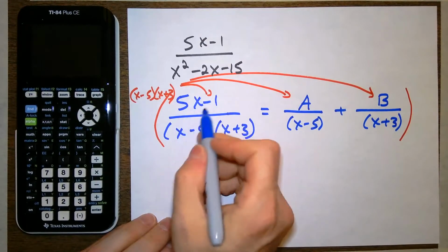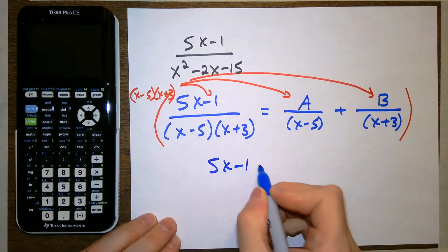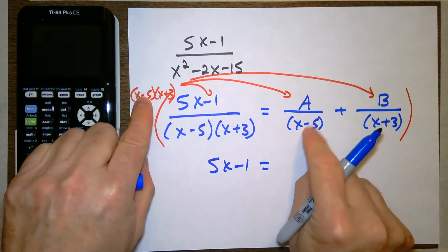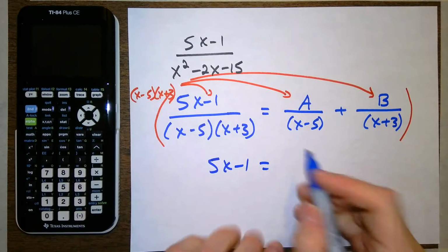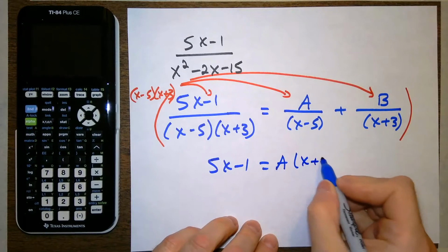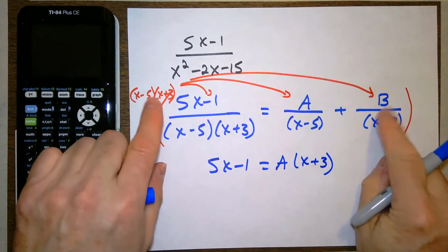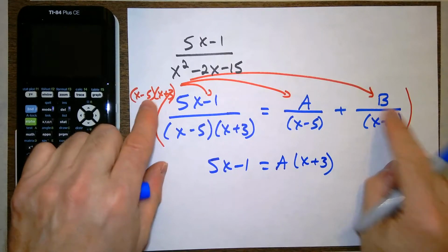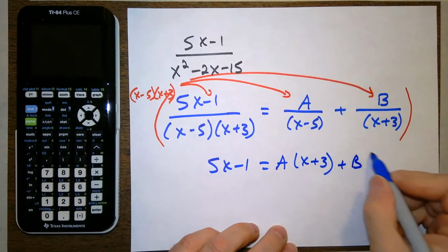I'm left with just the 5x minus 1. When I multiply it here, the x minus 5s cancel, and I have A times x plus 3. And when I multiply it over here, the x plus 3s cancel, and I'm going to have B times x minus 5.